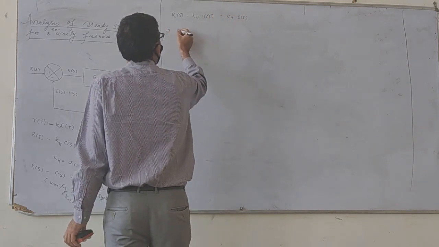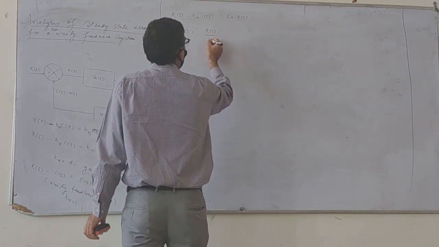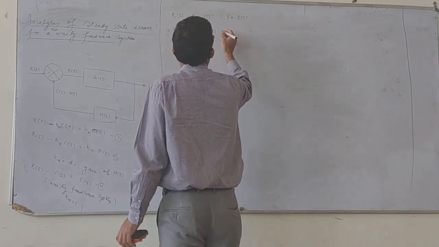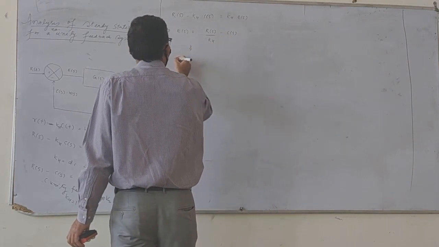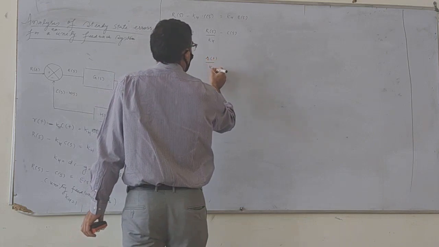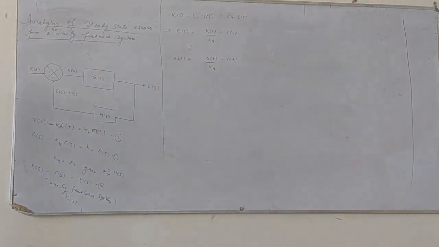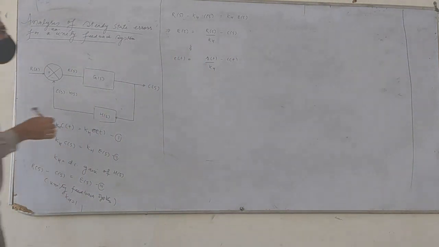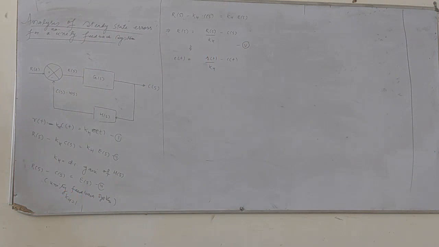Error E(s) will be R(s) divided by KH, minus C(s). The same equation I want to write in the time domain: e(t) equals r(t) divided by KH minus c(t). So this is the valid equation for the error whenever we have a non-unity feedback loop. So equation 5 you can write down. Equation 5 is the valid equation.